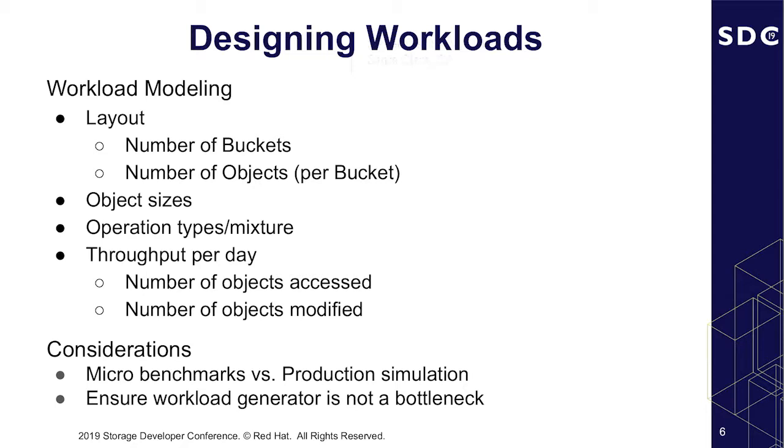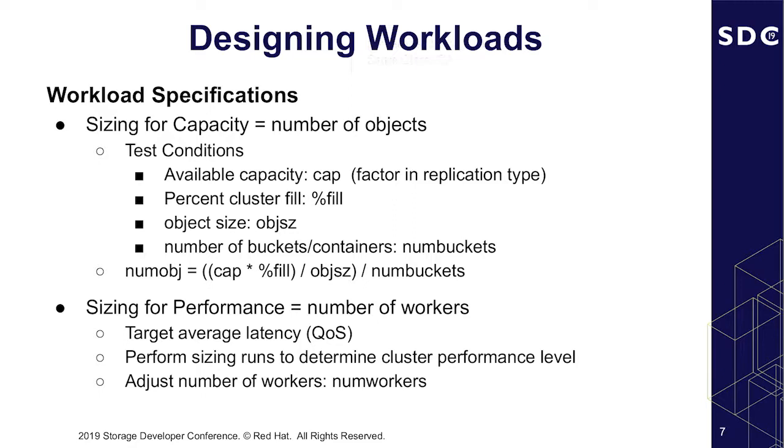So let's talk a little bit about those final two considerations. First up, the sizing for capacity, which is one approach, and then the sizing for performance. From a capacity standpoint, the metric we want to get to is the number of objects.